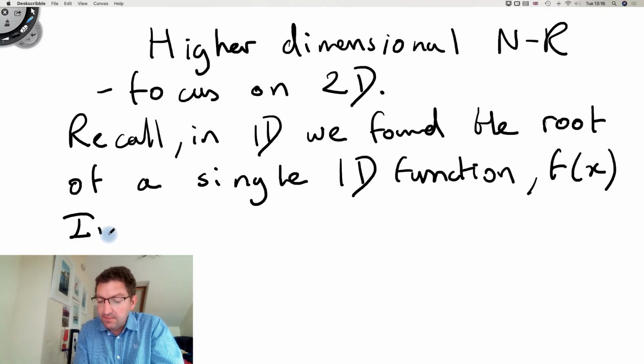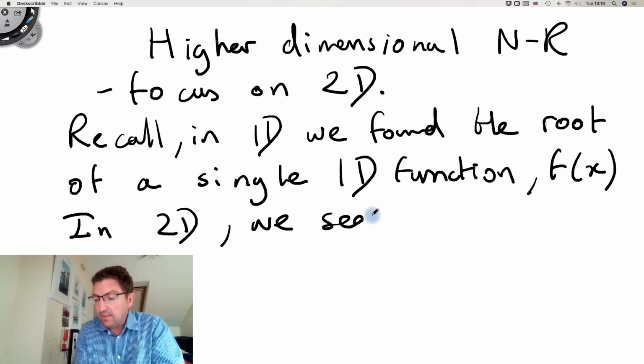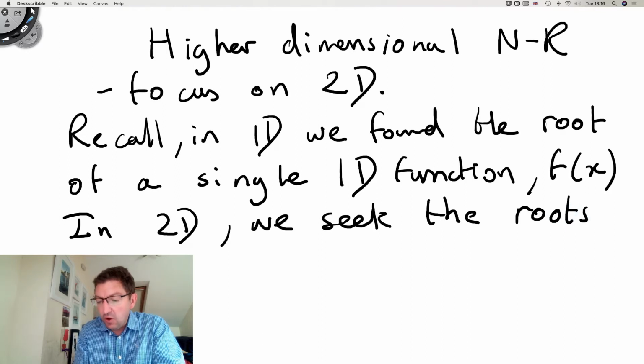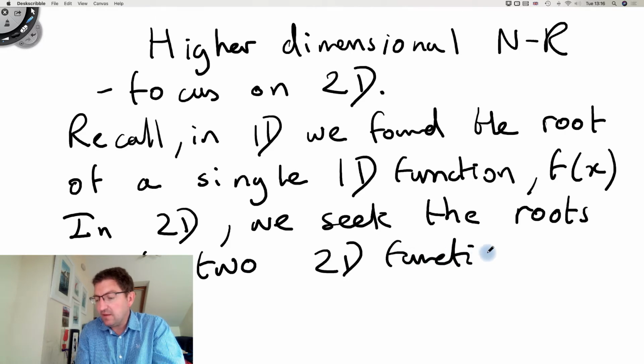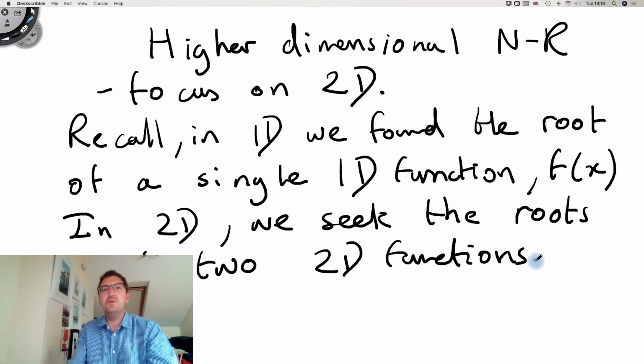In 2D, we seek the roots now, more than one root, of 2 2D functions. And that's the key thing. It's not just going to a 2D function, say f of x, y, and finding the root of that. That doesn't make sense, actually, if you think about it.